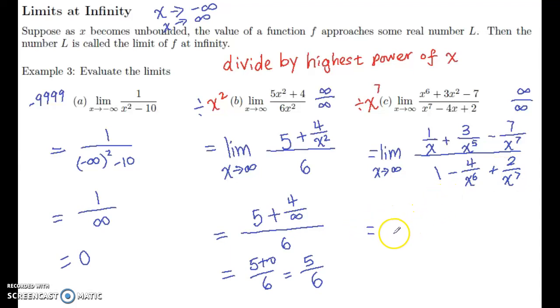Now we directly substitute, we get 0 plus 0 minus 0 divided by 1 subtract 0 plus 0. Because all these are constants over infinity, they're all 0. So on the top we have 0, in the bottom we have 1. So the final answer is 0 for part C.